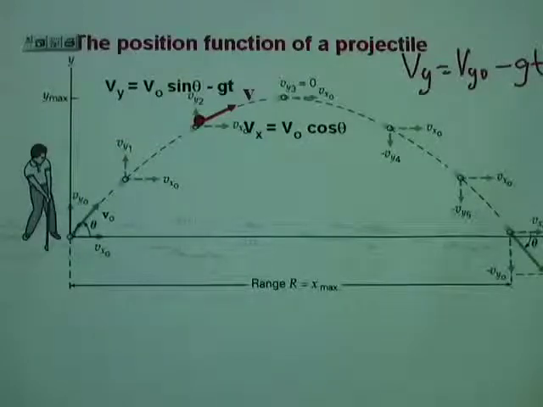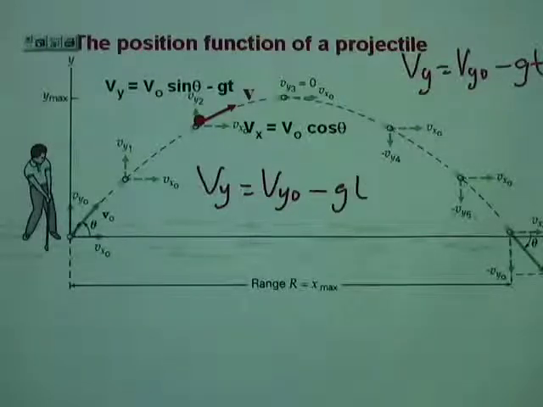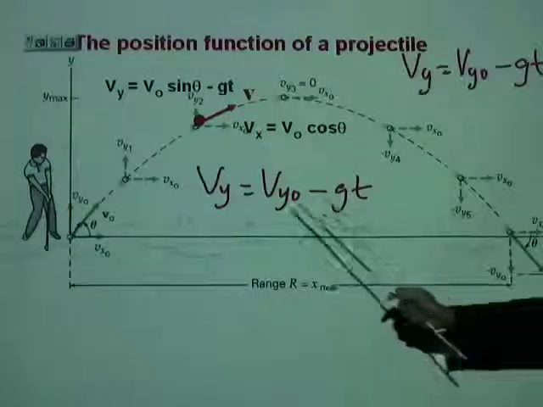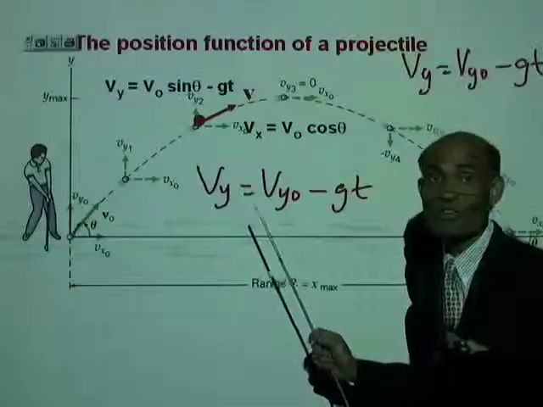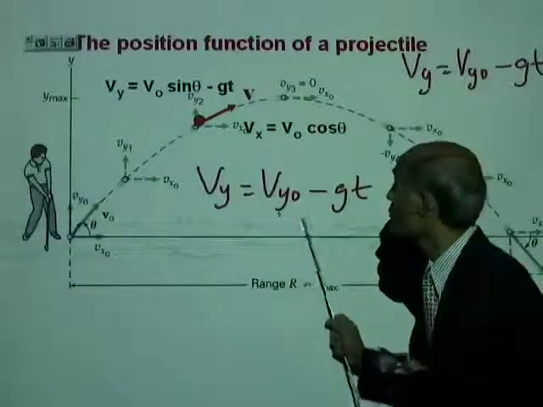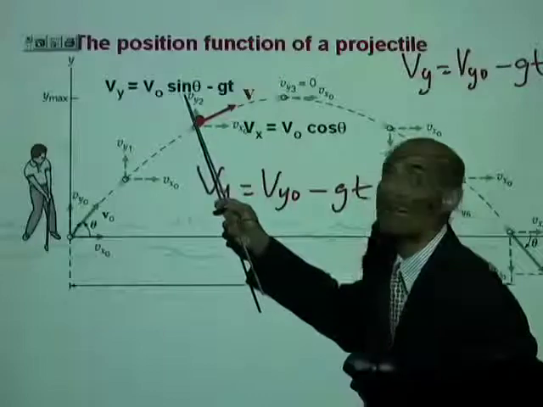I think it has gone out of the screen. Let me write it here. Vy equal to vy0 minus gt. Now this is the equation that gives you how the y velocity changes. Now vy0 is v0 sine theta.